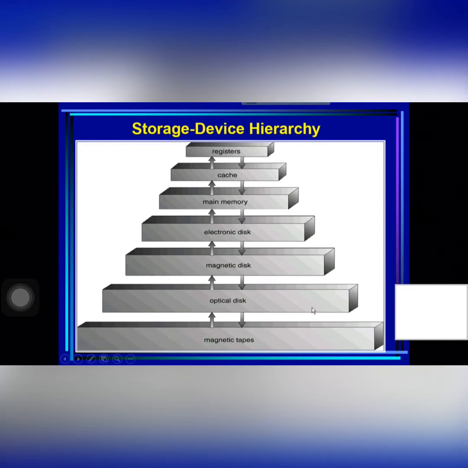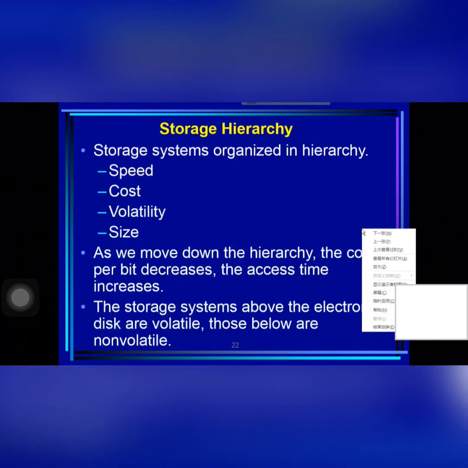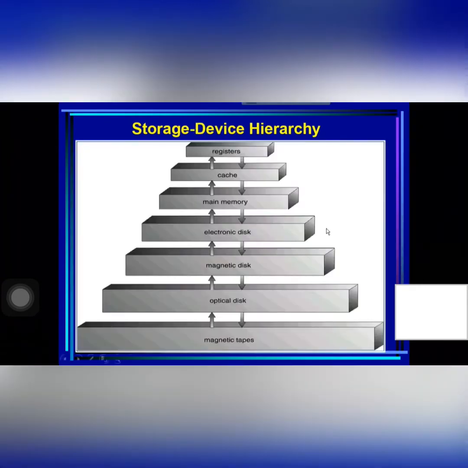In addition to differing in speed and cost, the various storage systems are either volatile or non-volatile. As mentioned earlier, volatile storage loses its contents when the power to the device is removed.